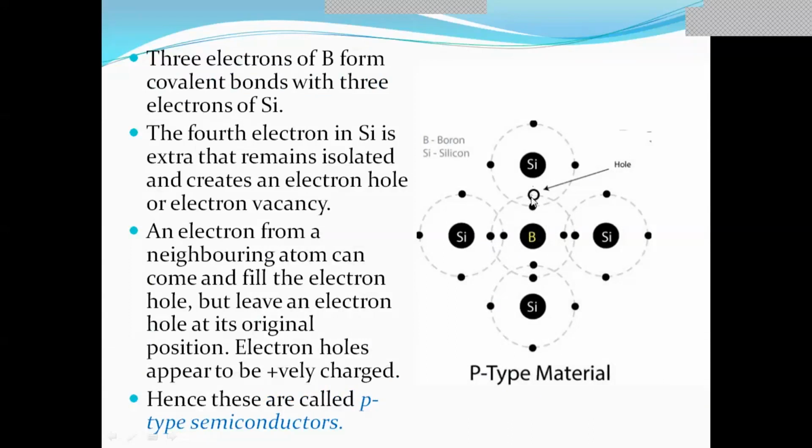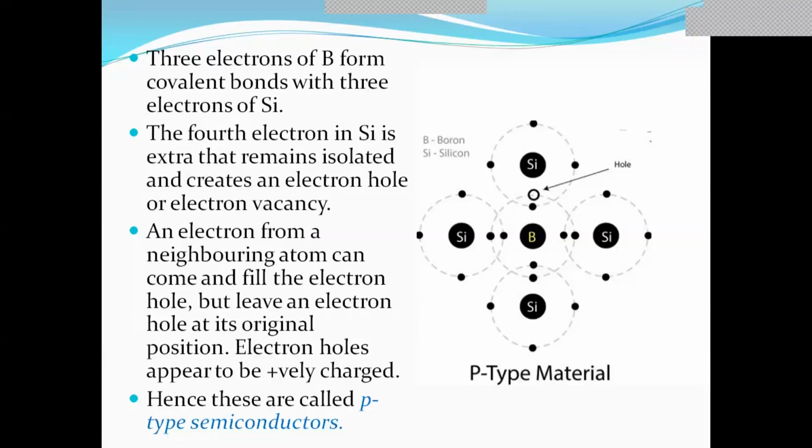Therefore, this missing electron space is said to be a hole. This hole formed by the missing electron is called a hole or electron vacancy.